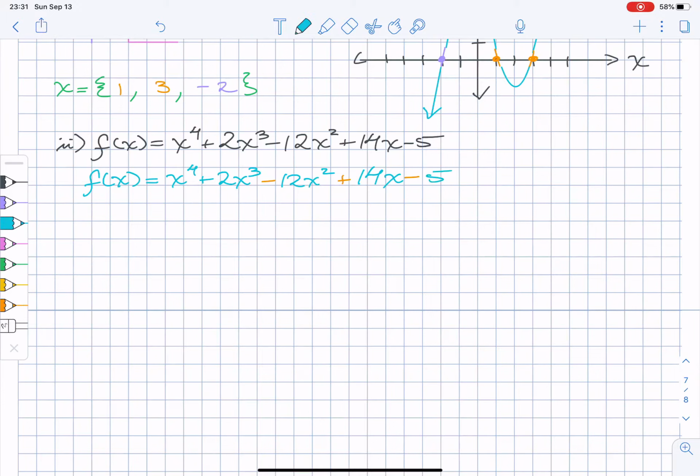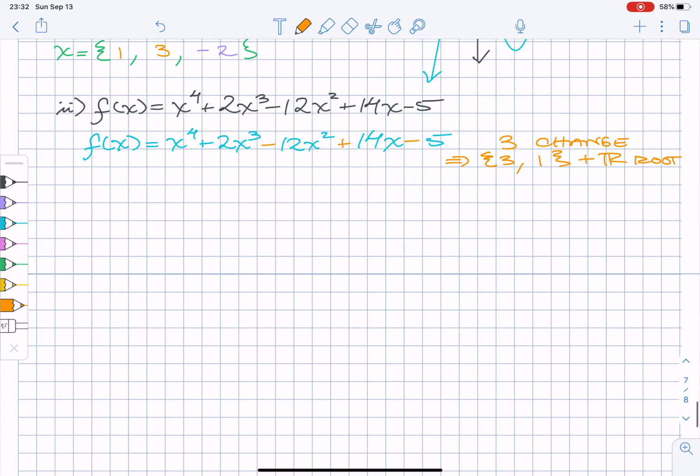So that's 3 changes in sign. So that means that there is either 3 or 1 positive real root. Because there's 3 changes or 3 minus a multiple of 2.